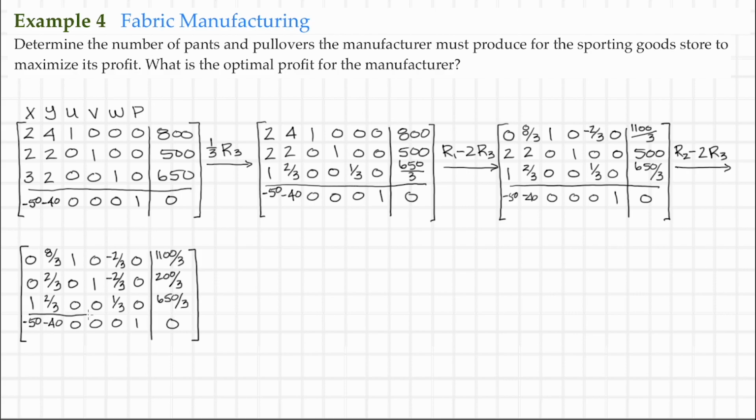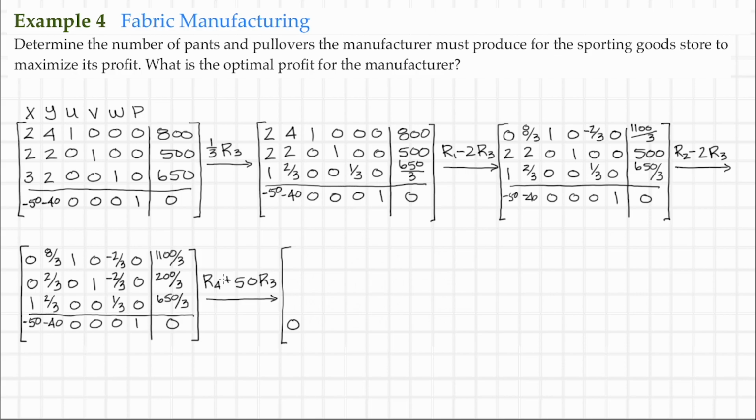Bring in our horizontal bar. So finally we could target this element here. So we'll do row 4 plus 50 of row 3. So we'll put in our bracket. 1 times 50 is 50. Negative 50 plus 50, that is 0. 2/3 times 50, that's 100 thirds.